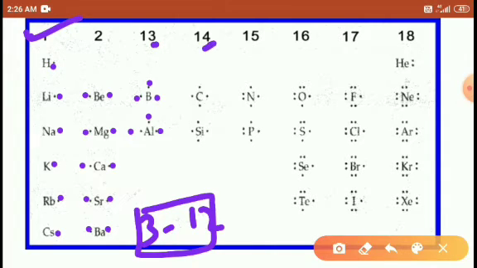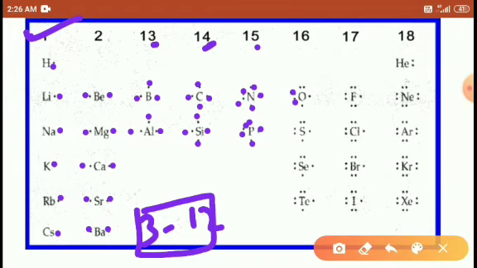Group 14, the second number is 4, so it has 4 valence electrons. Group 15, the second digit is 5, so it has 5 valence electrons.